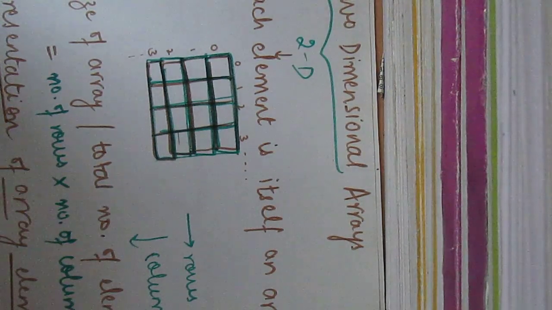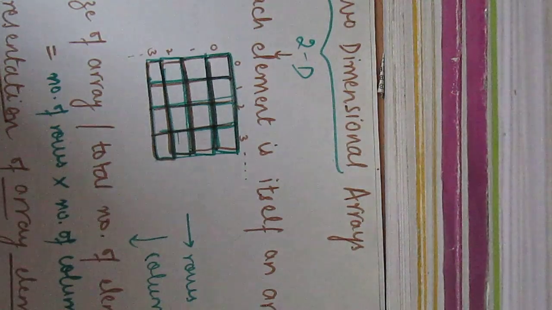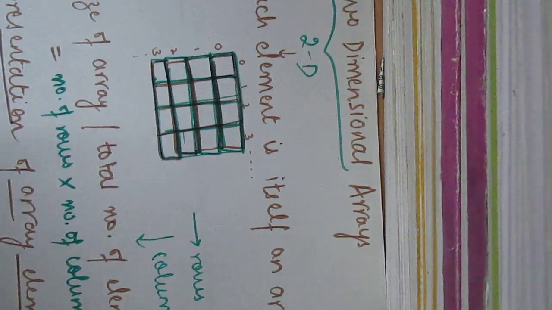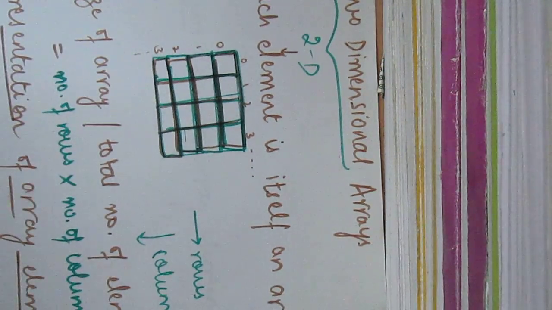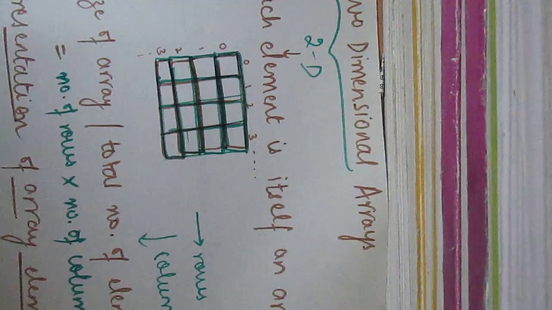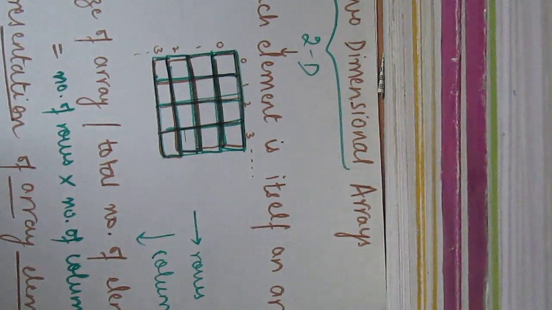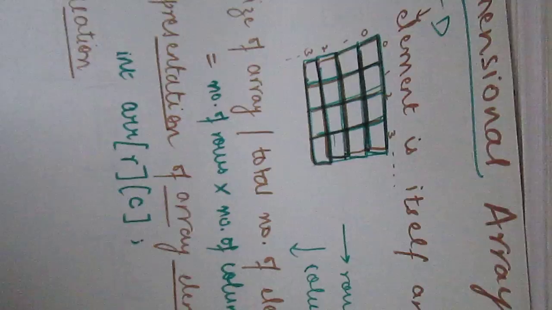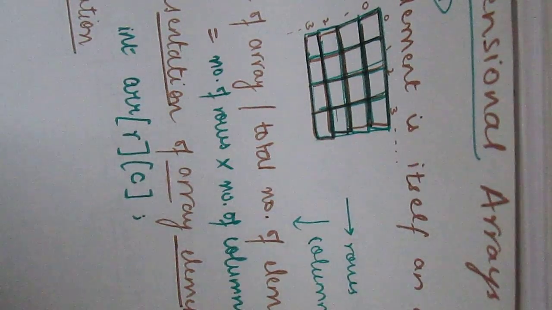Mind it that the number of rows or number of columns is one more than the largest index of the array. It's not a thumb rule, but it's the way of writing that our compiler accepts for the array.